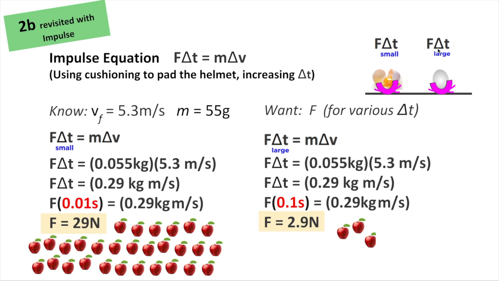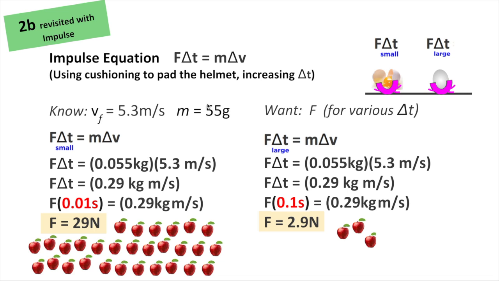But if I can spread out the time of the crash, make delta t large, then it will cause the force to be less and probably, hopefully, cause the egg to stay intact and not crack. Either way, F delta t equals F delta t. So if these two things are equal, then if delta t is small, then F is large. If delta t is large, then F is small. We want F to be small. But let's take a look at these two scenarios computationally.